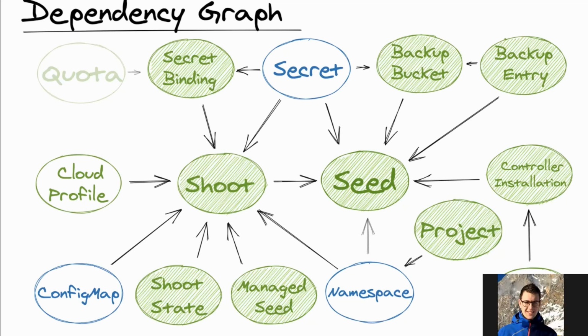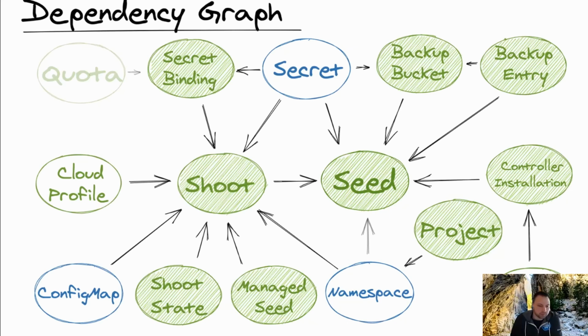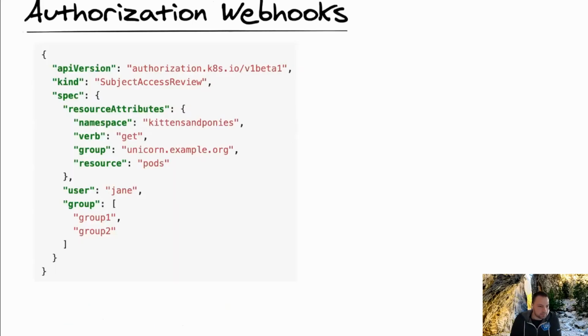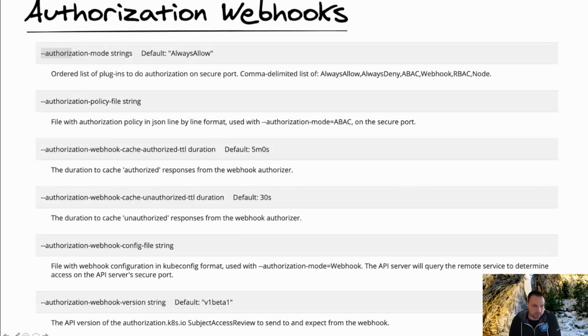I have another question. Is the seed authorizer now also consulted for every user-initiated request? For example, if we have the RBAC rules in place that users that belong to a given project can access their shoots and so on, and RBAC allows that, is the seed authorizer also consulted then? This depends on the order of the authorization modes.